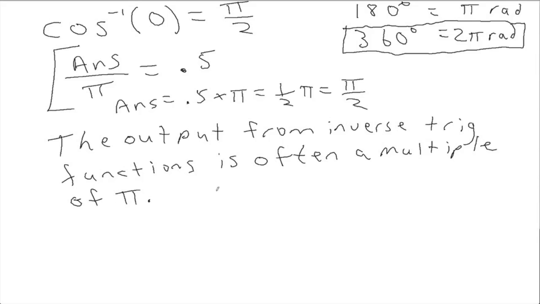So if you're doing an inverse trig function on your calculator and you get a complicated decimal, it's often a good idea to try to divide that by pi so that you can get an exact answer. Would this work for trig functions? Is the output from a trig function often a multiple of pi?